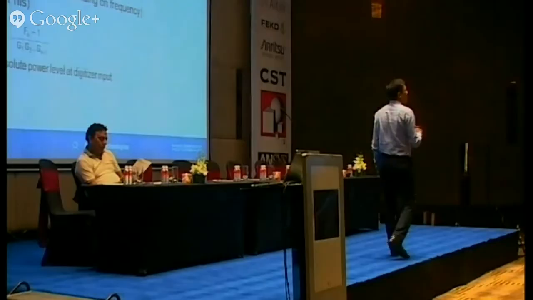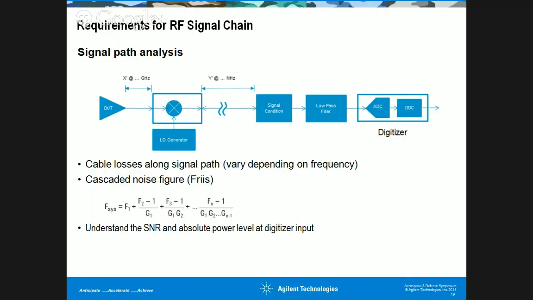So now let us understand the signal path analysis. Cable losses along the signal path vary. If I talk about measuring such a phased array element, there are two types of inaccuracies in them. One is static accuracies, the other could be dynamic accuracies. Static accuracies may be because of the system design, the components that you have used.